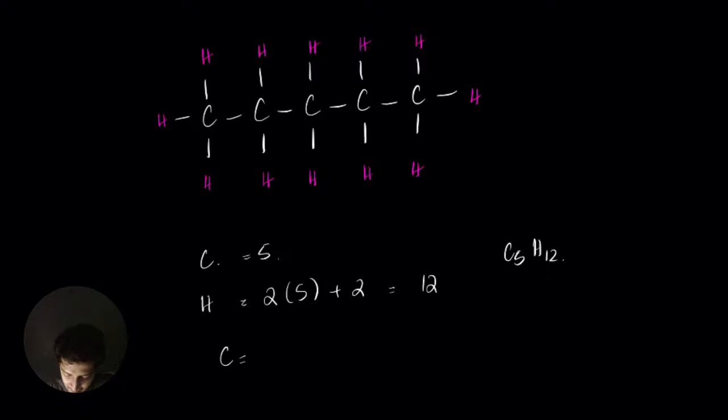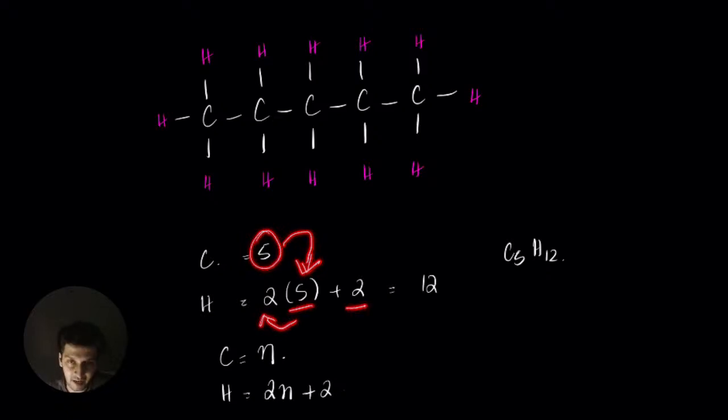If carbon is N, then the number of hydrogens is 2N plus 2. Why? Because isn't that what I'm doing over here? I took 5 and multiplied it by 2 first and then added 2. Does this make sense? Spam yes, if so. Spam no, if it does not.